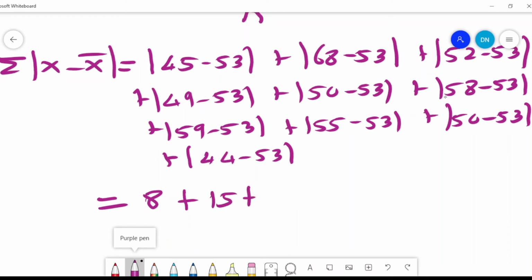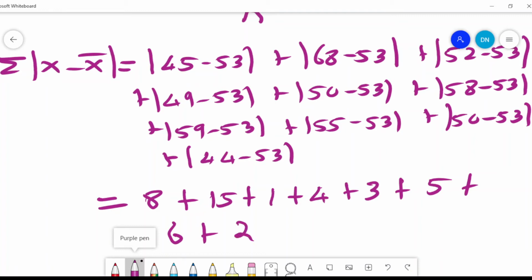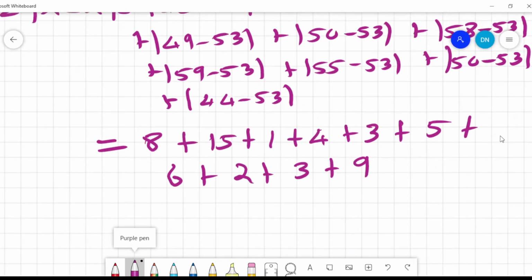Then 52 minus 53 is negative 1, the absolute value is positive. 49 minus 53 is negative 4, absolute is positive. 50 minus 53 is negative 3, absolute is positive. 58 minus 53 is 5. 59 minus 53 is 6. 55 minus 53 is 2. Negative 3, then absolute is positive. This is negative 9, absolute is positive. So those are the values we have.